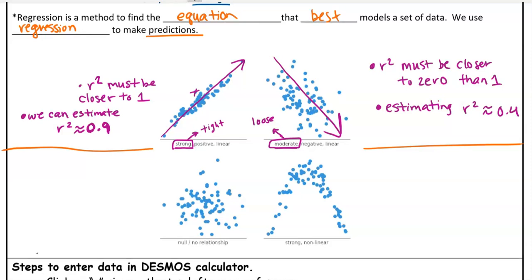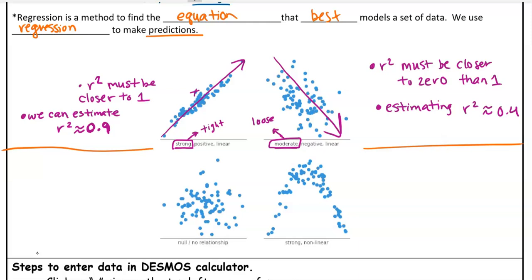Okay, now let's look at this bottom left one. At the bottom it says null or no relationship. This is something that would be extremely close to 0. There is no general depiction of where the dots are heading, if they're creating some form of visual that we can see here. They look like they're just completely randomized.